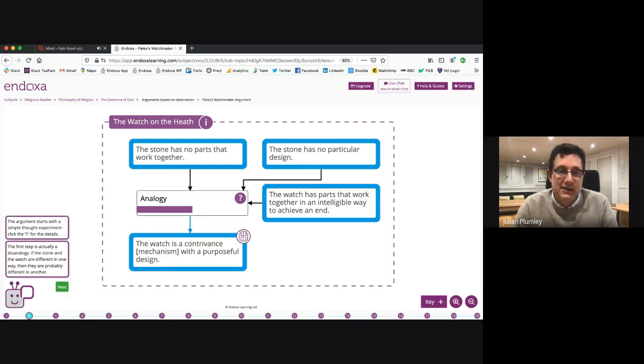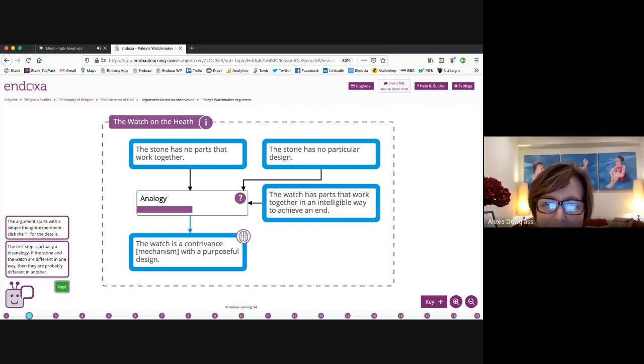He's not yet saying it was designed on purpose, because saying something's designed on purpose includes the idea that there has been a designer who has intentions, who has purposes. That's actually a second step of the argument. So this step, all it says is that the watch fulfills some kind of purpose.